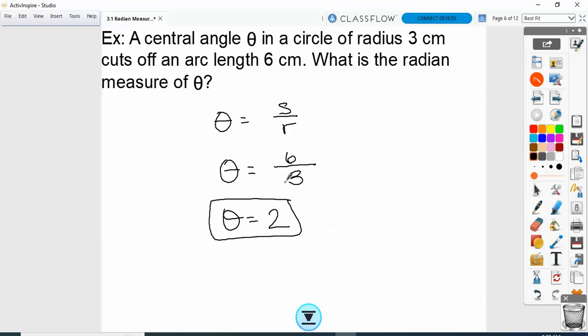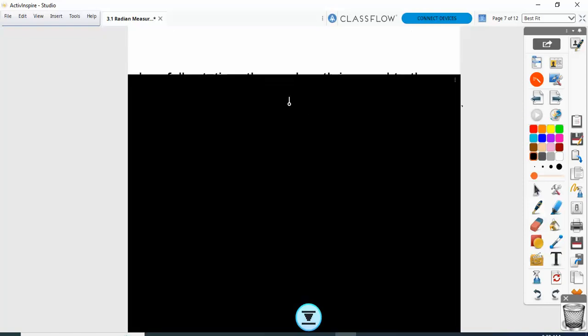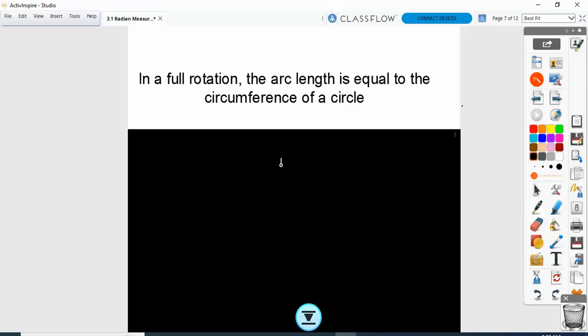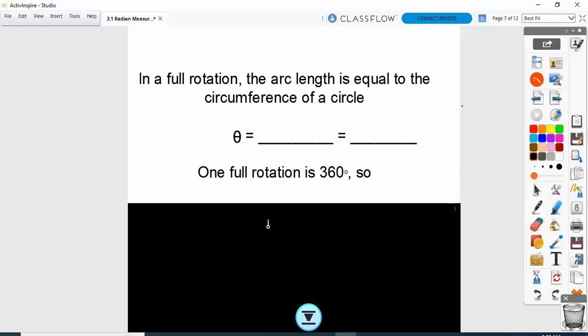Now, what we really need to be able to do is relate the two forms of measurement we have. We have degrees, we have radians. They're both talking about circles, so we need to be able to go back and forth between them. So, let's think about a circle. All the way around the circle is a full rotation, right? If you go all the way around, your arc length, the distance around the outside of the circle, is your circumference.